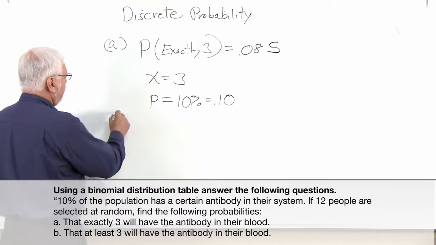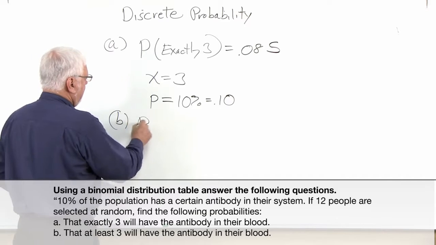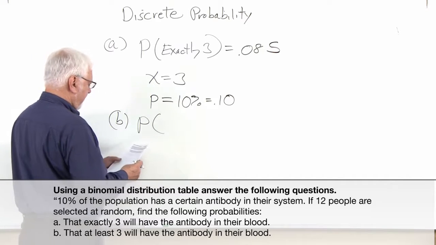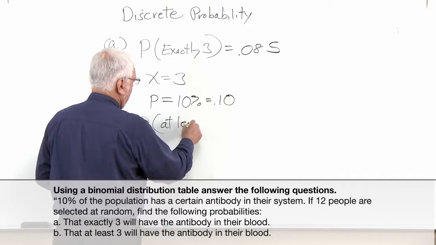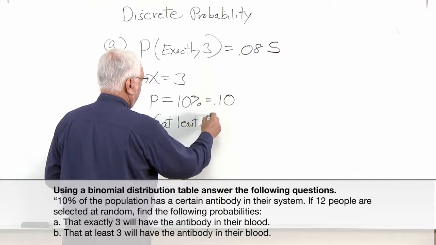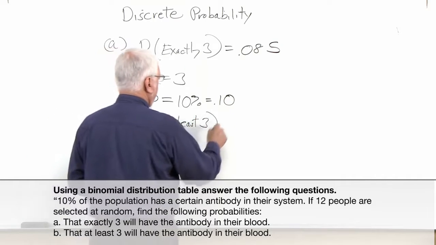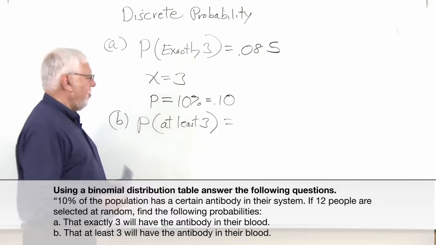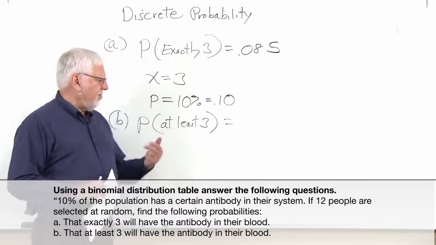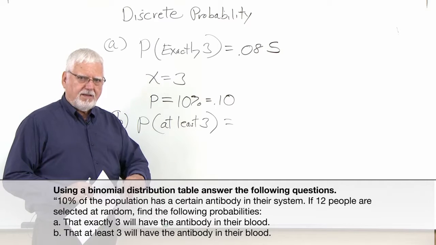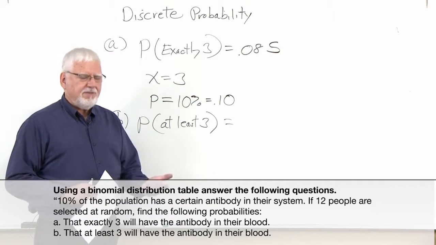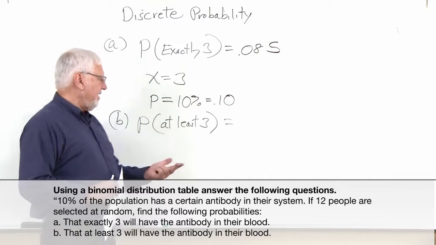Now the second question says, what's the probability of at least 3? Now you've got to figure out what at least means. A lot of students will look and see least and think small, but you really got to get away from that and actually think, what does the word at least mean?